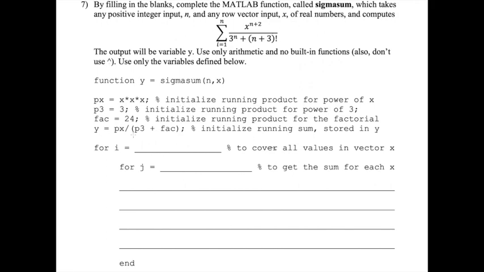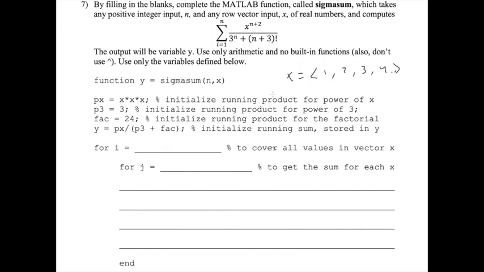So let's start filling in the blanks. It says for I equals something, and this will cover all values in vector x. Since x is a vector of, I'll just say like 1, 2, 3, 4, etc., it has a certain amount of values.